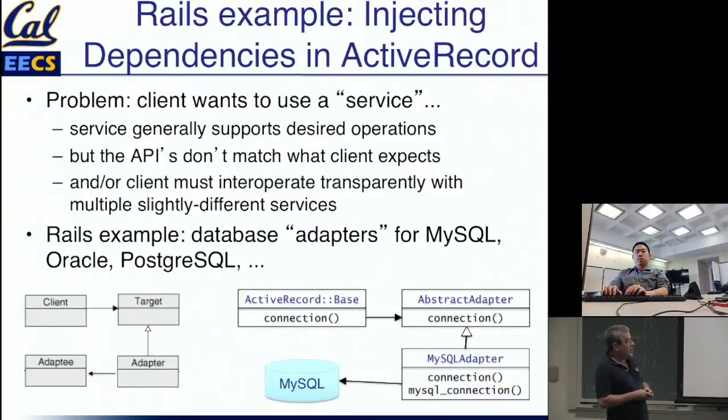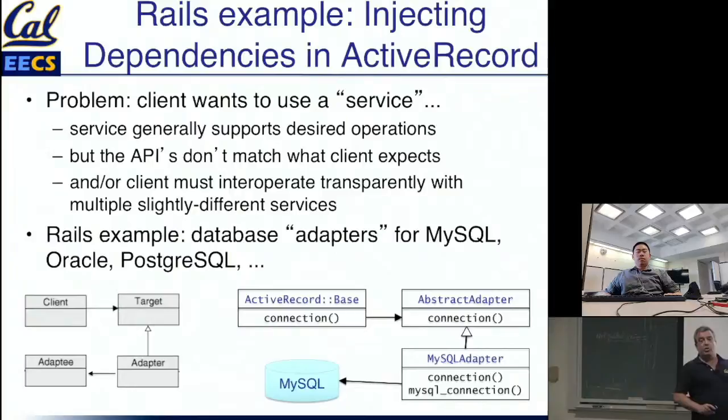The abstract adapter provides a common set of database-like operations with a common set of names that Active Record base can rely on. So you can establish a connection, you can ask if the connection is free, you can try to send a query over the connection, various things like that, even though, depending on the specific type of database, the way those operations have to be done against that database are very different.